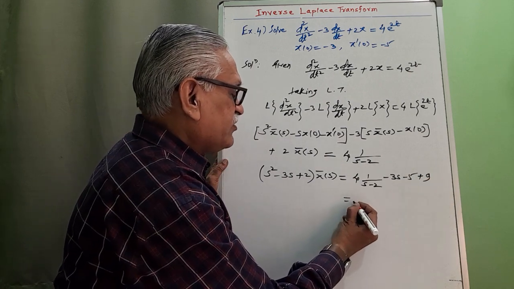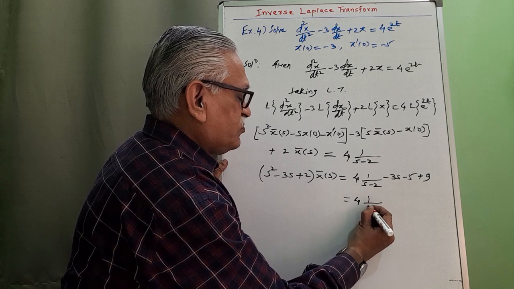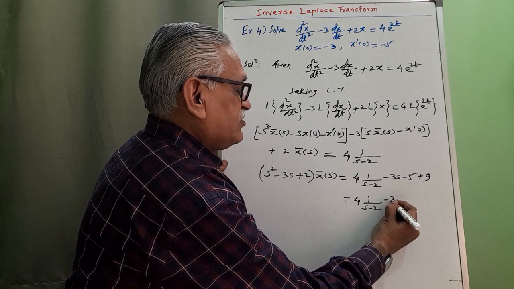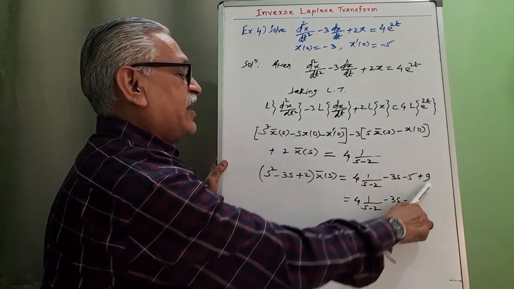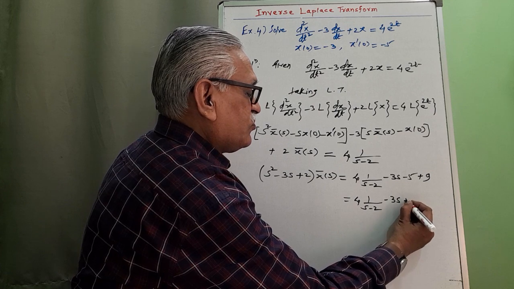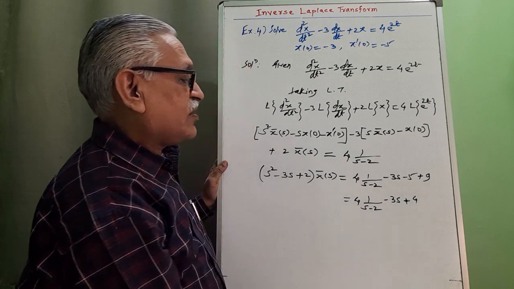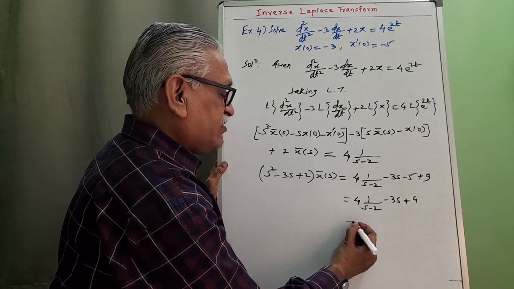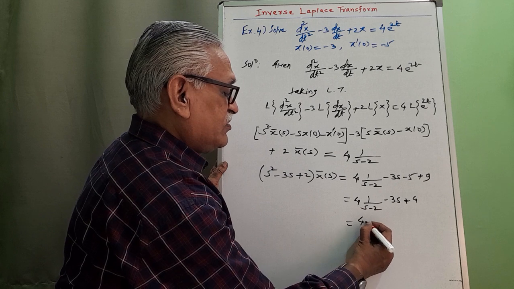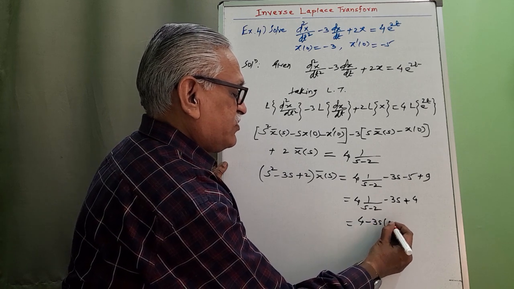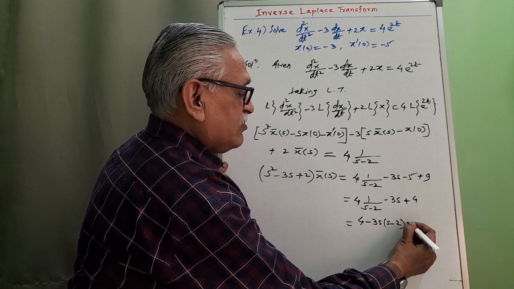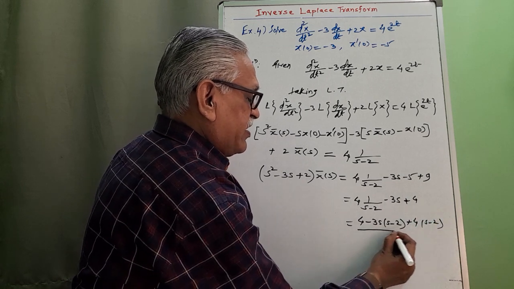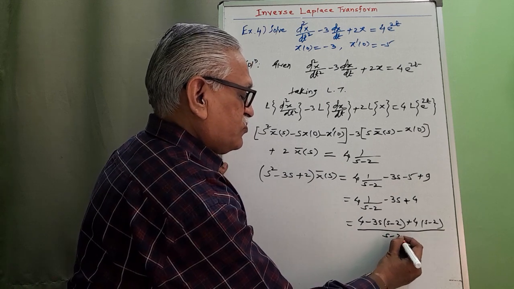Rewriting it, it is 4 times 1 upon s minus 2 minus 3s, 9 minus 5 we get plus 4. Cross multiplying, means finding the LCM, we get 4 minus 3s into s minus 2 plus 4 into s minus 2, and the whole divided by s minus 2.